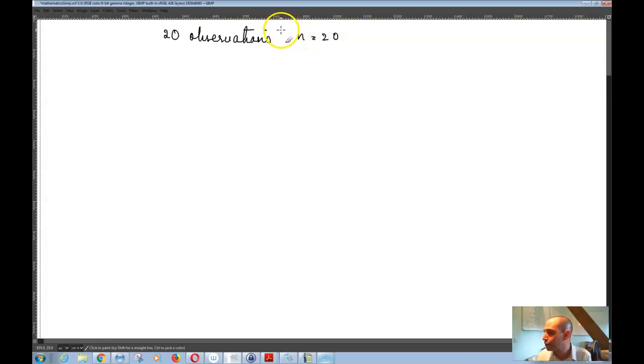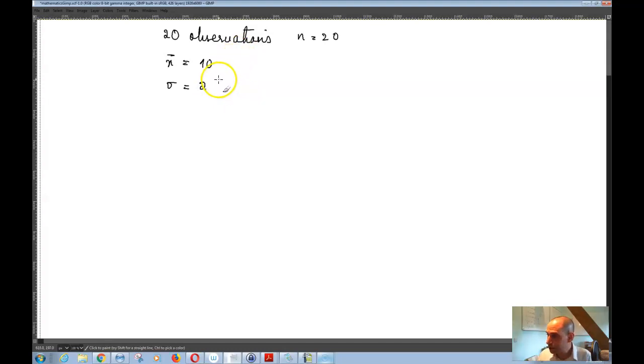And the mean of those observations has been found to be 10, X bar is 10. And the standard deviation, or sigma, has been found to be 2.